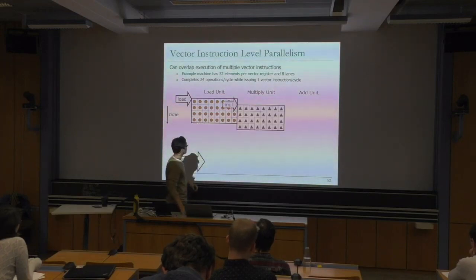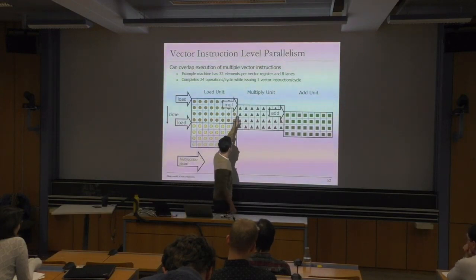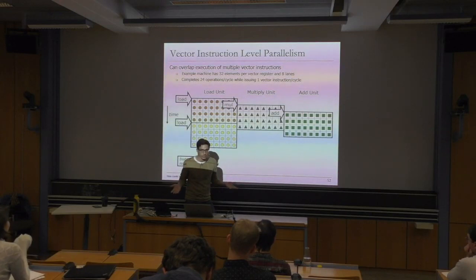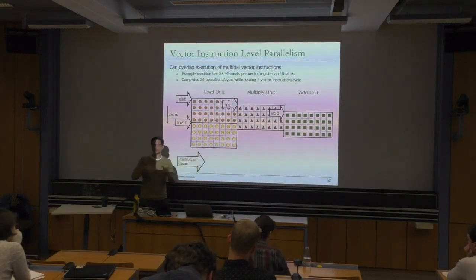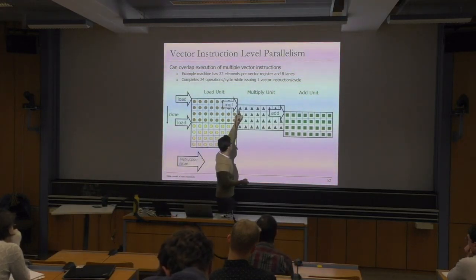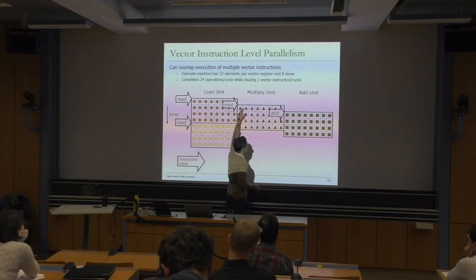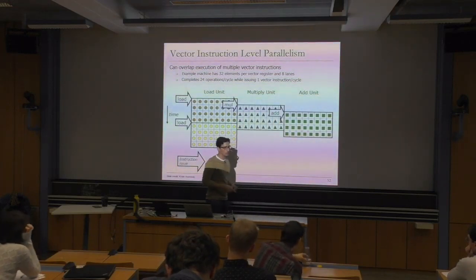And that's what we are going to do for all these units. For example, the multiply unit. How many lanes do we have? We only have 8 lanes. But each of these functional units that we have there are pipelined. So every cycle we can start the multiplication for 8 elements, and in the next cycle for the next 8 elements.